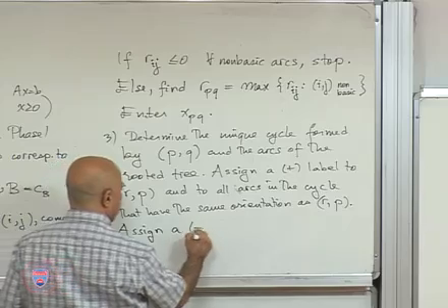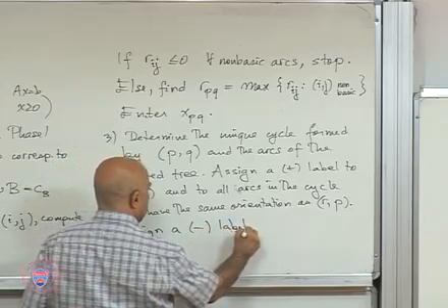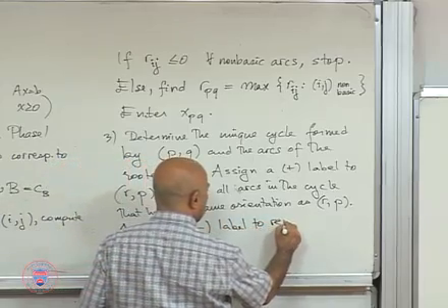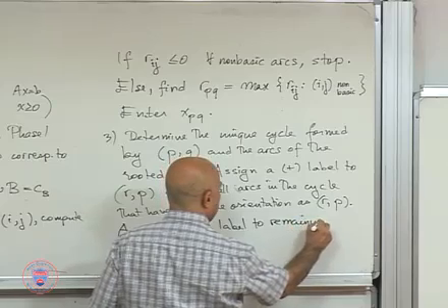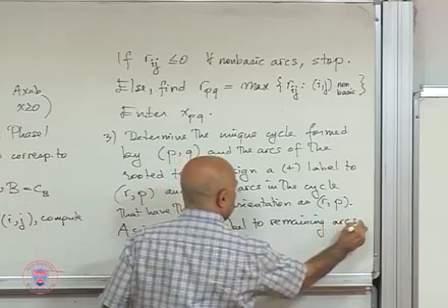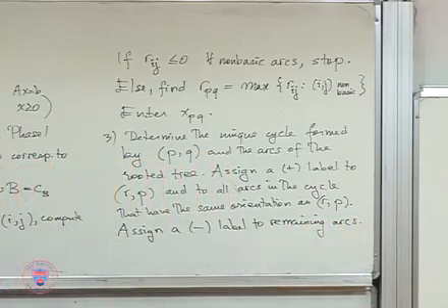Assign a minus label to the remaining arcs. Of course, the remaining arcs are those that have the opposite orientation as the entering arc.